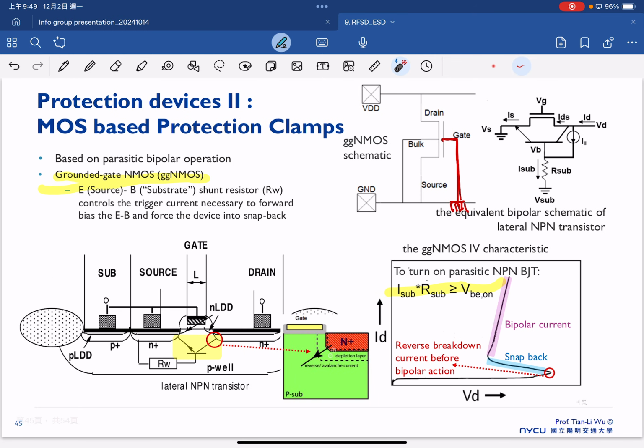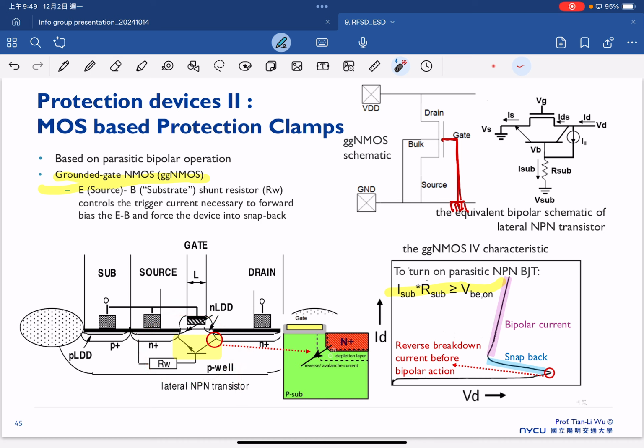Another very simple protection device is what we call the MOS-based protection clamp here. But this is based on trying to leverage the parasitic bipolar operation. We already know the typical MOSFET has a parasitic bipolar, and if we ground the gate, this transistor will mainly operate like a BJT, like the parasitic BJT here.